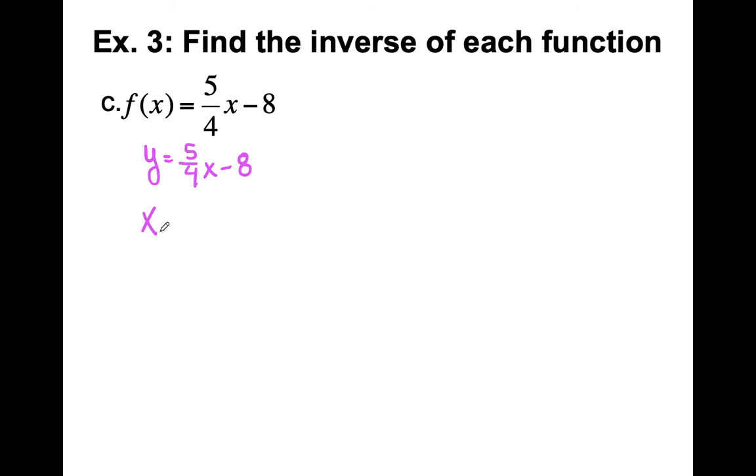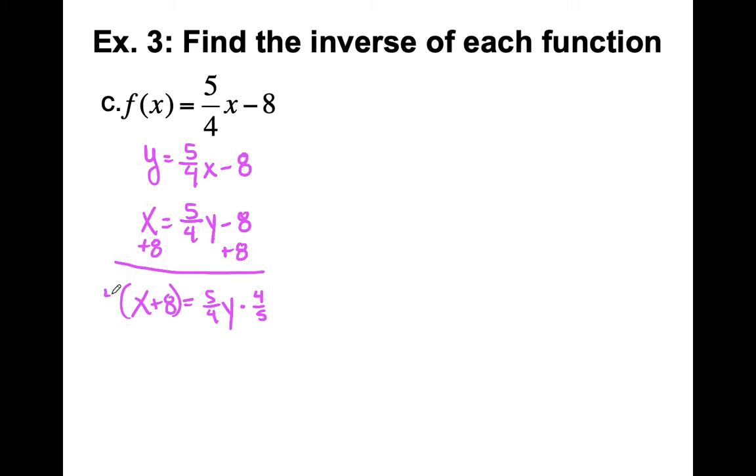So then we switch our x and our y. And now we need to get y alone. So to get y alone, we would get rid of the 8 first. So we add 8. So we end up with x plus 8 equals 5/4 y. So now to get y alone, we can either divide by 5/4 or we can multiply everything by 4/5.